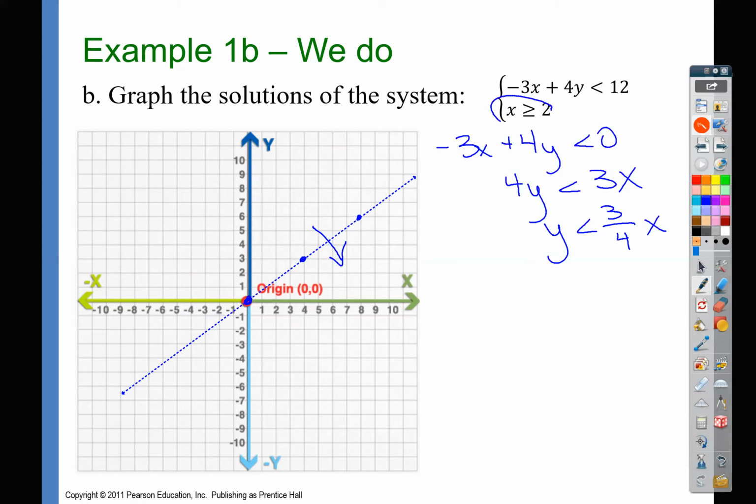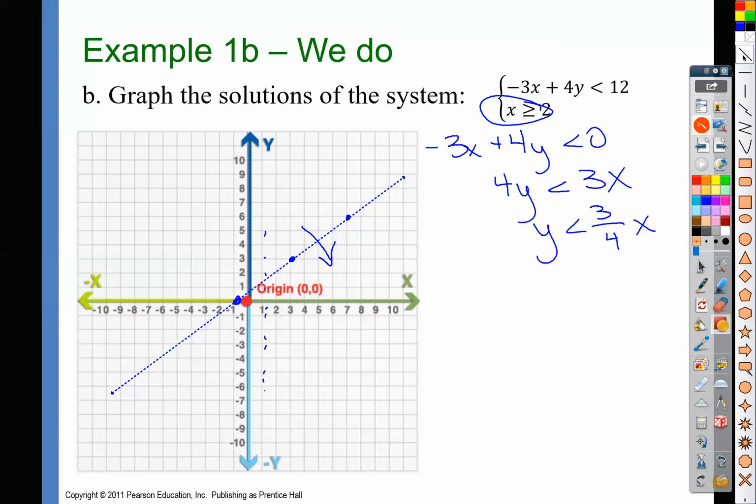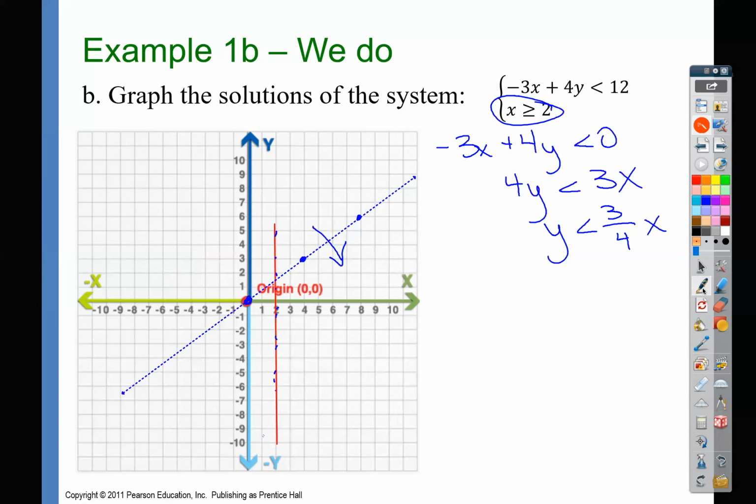Okay, the second one, x is greater than or equal to 2. That is going to be a solid line, and it's where x is greater than or equal to 2. So I know that that means that it has an undefined slope at 2. So it's where x is 2 and it's an undefined slope. I'm going to go through those points. And there we go.